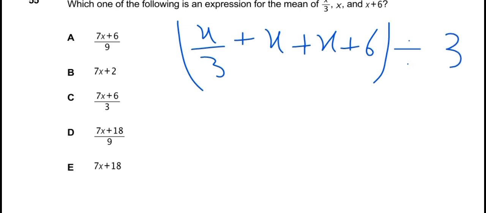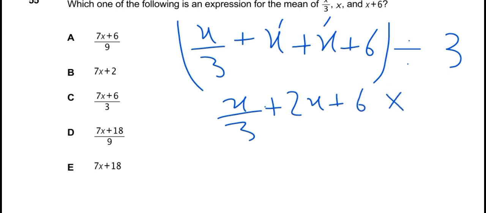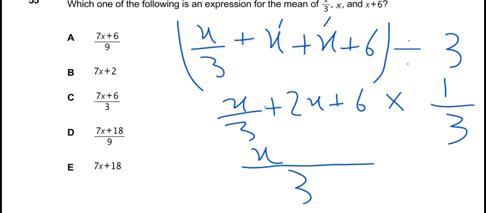So this x and this x by 3, this x and this x become 2x, plus 6, and when I convert this divide sign into multiplication, the 3 moves into the denominator. So by taking LCM, this is equal to 3, and here comes x, here comes 3 multiplied by 2, 6x, plus 6 multiplied by 3, 18, over 3.